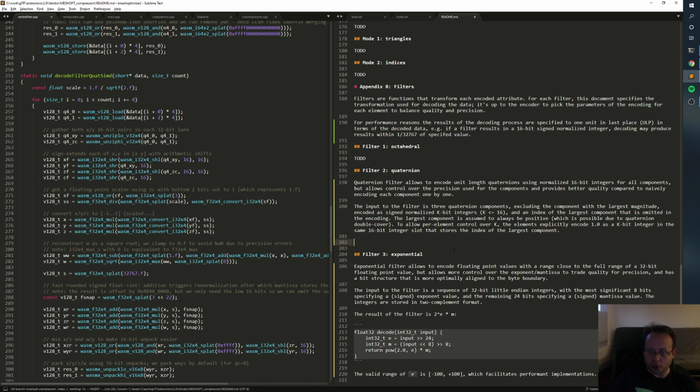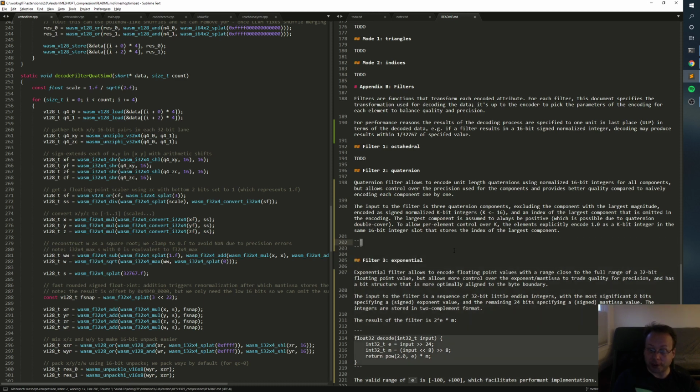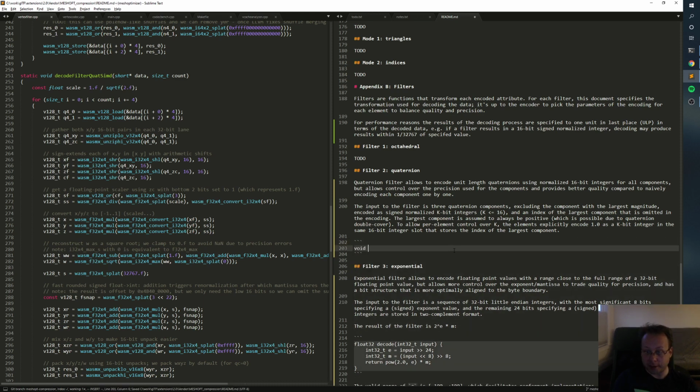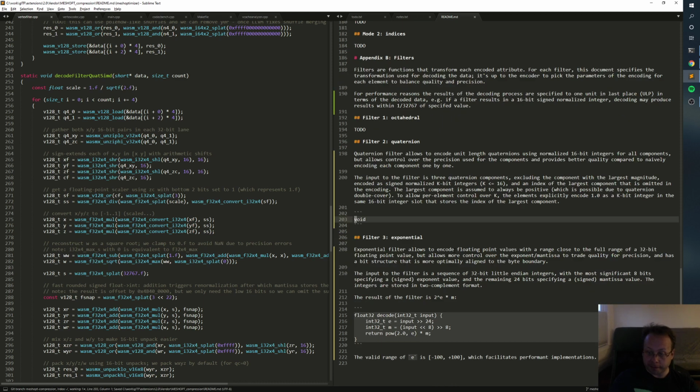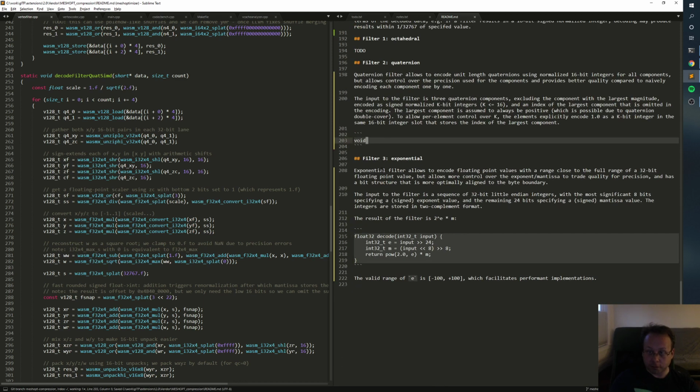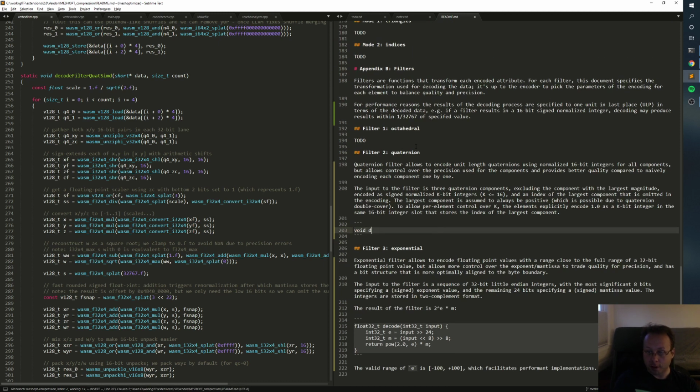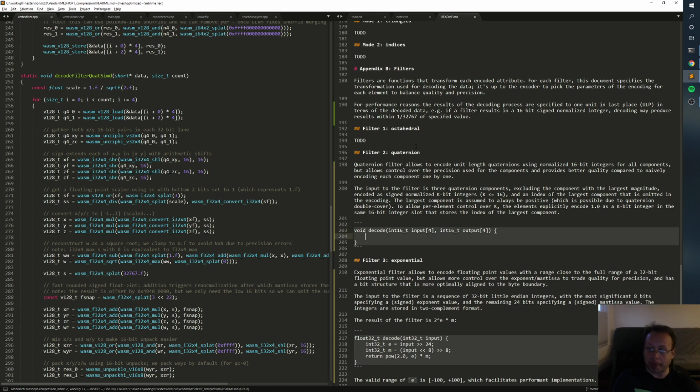let's try to write pseudocode for this and then hopefully it will make more sense. So the input is 4 16-bit integers, and the output is 4 16-bit integers.